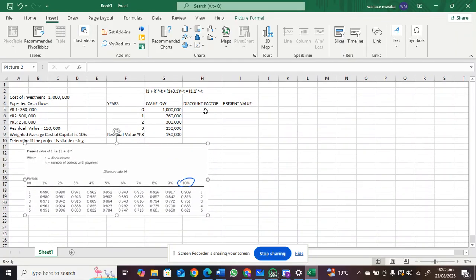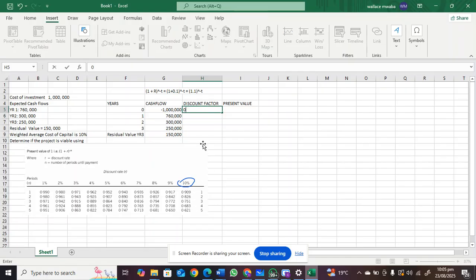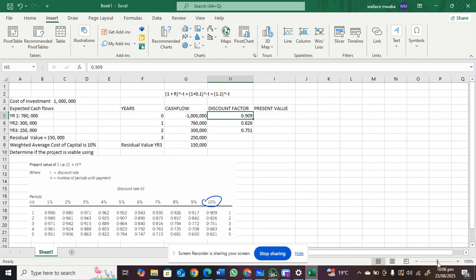Okay, so in year 1, we're just reading from this table, discount factor 0.909. Year 2, 0.826. Year 3, 0.751. Year 0, it's actually 1, since it's to the power negative 0. 1.1 to the power negative 0 is 1.